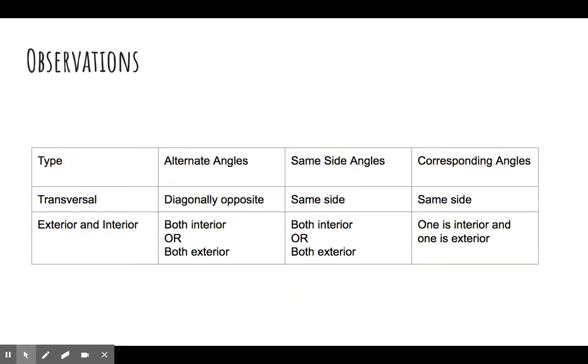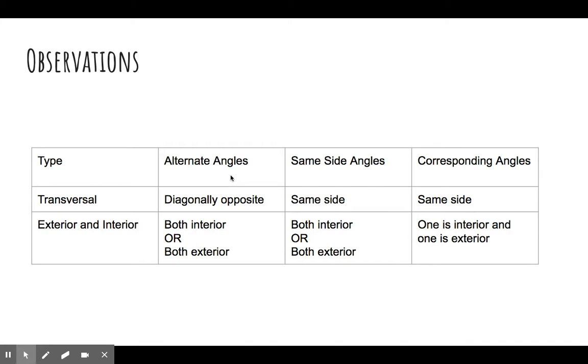So let's look at some observations that can help us remember some properties of those angles or how to identify them. We're going to look at those angles in terms of the transversal and whether they are exterior or interior.